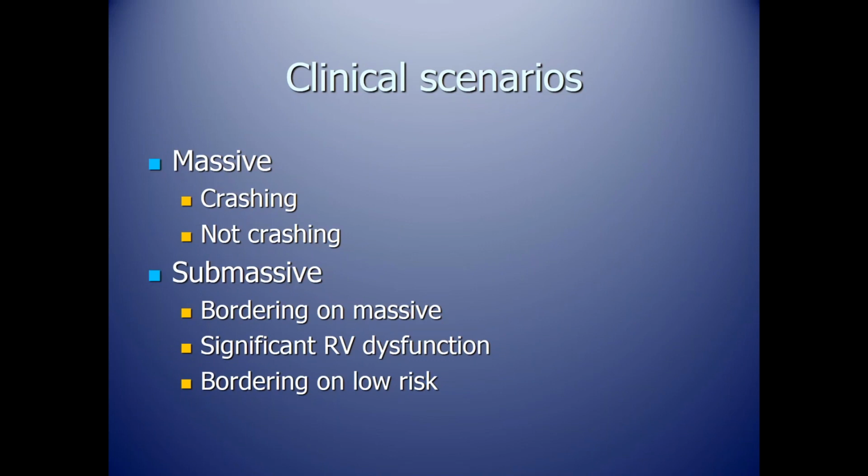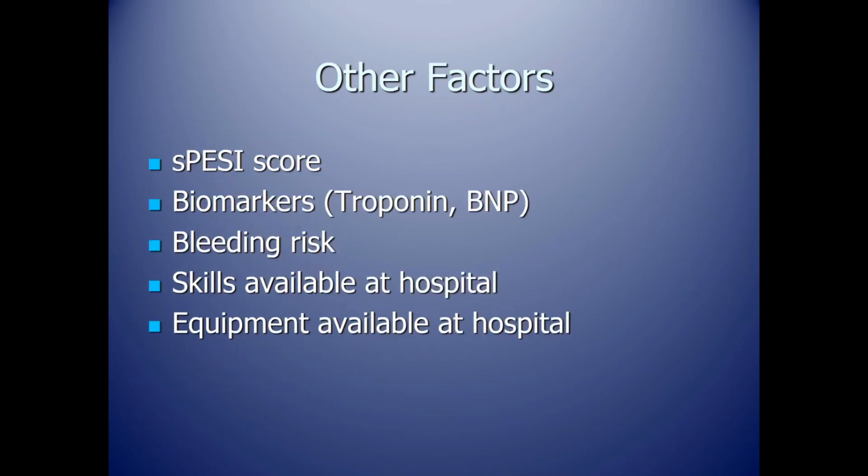And then there's the patients who are bordering on low risk, such as those who are completely stable, might have a slightly elevated RV to LV ratio with RV dysfunction, but if normal is under 0.7 as a ratio, they may be around 0.9. And I think it's important to subcategorize these patients.